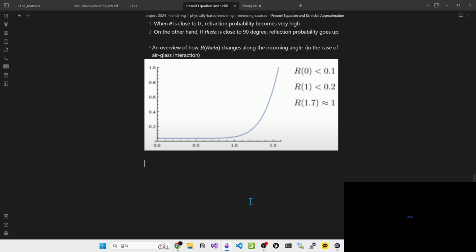Raise your hand if you know what it is. Okay, I'll give you a hint. This plots R of theta, which is the probability of reflection.